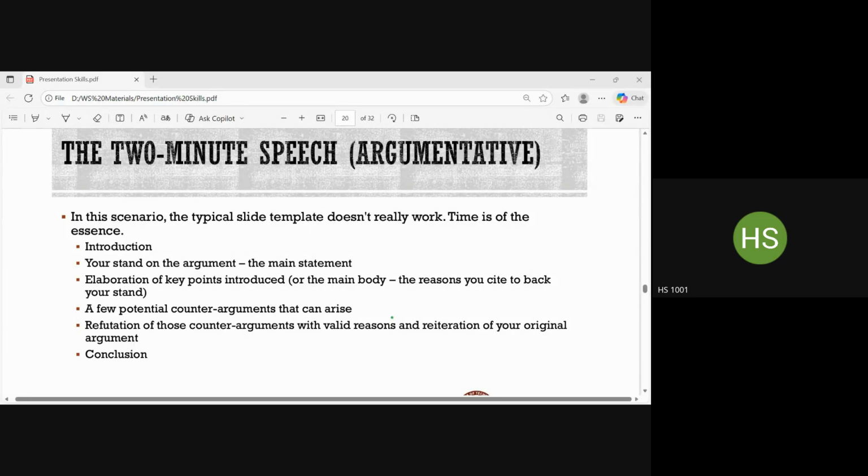We had spoken about a certain strategy. We spoke about the PREP method or the position, reason, example, position method. Essentially, we are using the same method in a 2-minute argumentative speech.